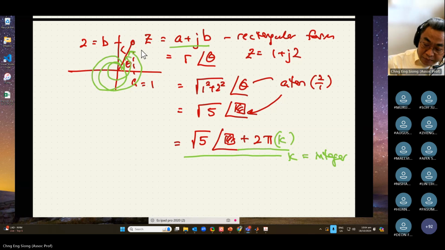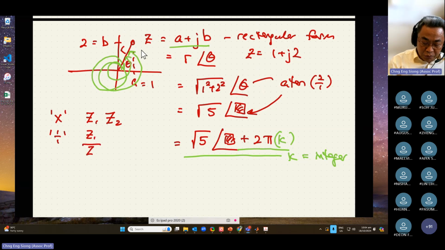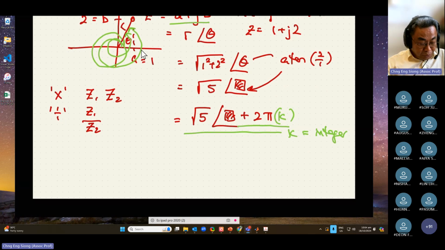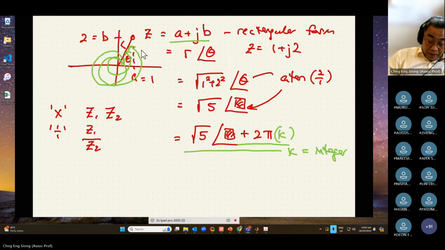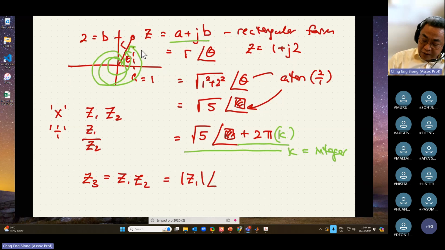All right. Now, why did I introduce the polar form? Because it must be of use. And the reason was in multiplication and in division, z1 multiplied by z2 is very nice, and z1 divided by z2 is very nice. Now, without proof, guys, otherwise you will be here the whole day. z3 equals z1 times z2. z1 is written as modulus of z1, angle theta 1.